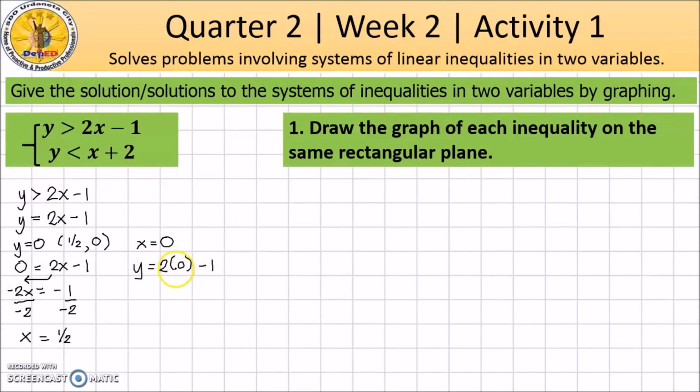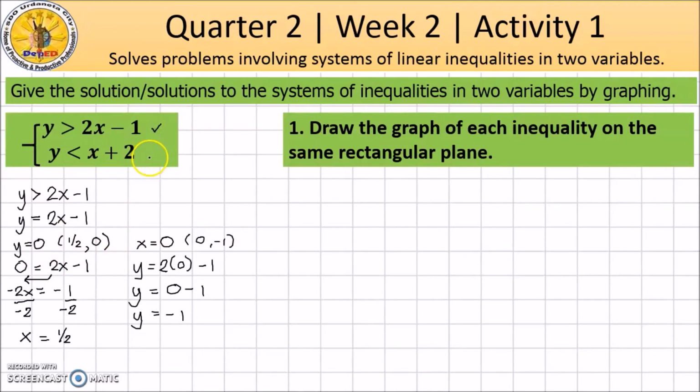Next, simplify the right side of the equation. We have y is equal to 2 times 0 is 0, minus 1. Next, 0 minus 1 is negative 1. Therefore, our y-intercept in coordinate form is 0, negative 1. So we're done with the first linear inequality.